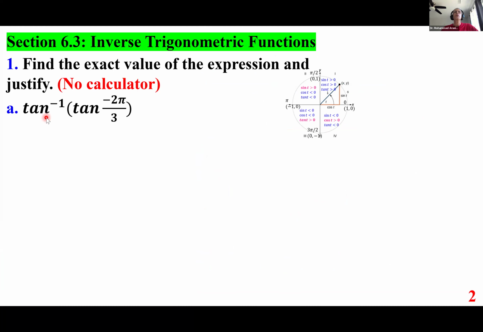Because all trigonometric functions are periodic and therefore fail to be one-to-one, because they fail the horizontal line test, we have to restrict their domain to make them one-to-one, and therefore they have an inverse.